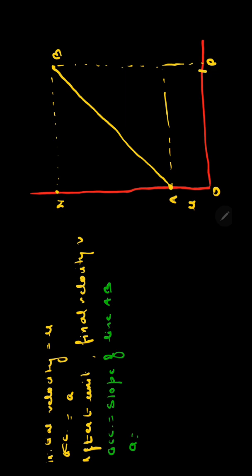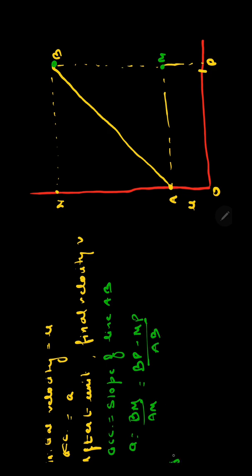Change in velocity upon time period. Here the change in velocity is final minus initial, that is BM upon AM. So how can you find the magnitude of the BM? BP minus MP upon AM.